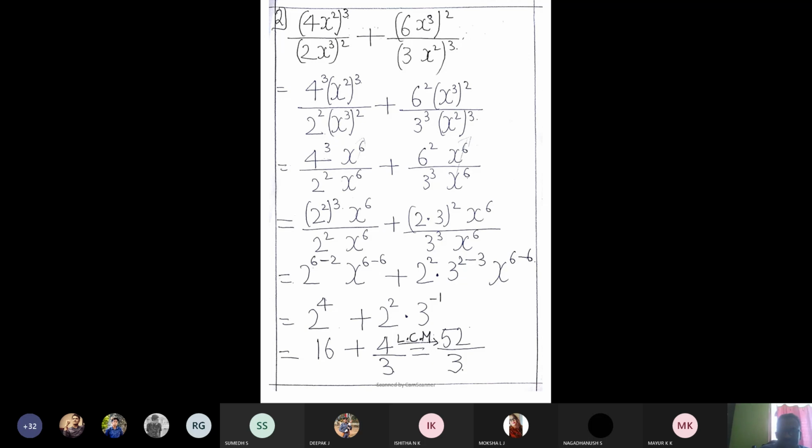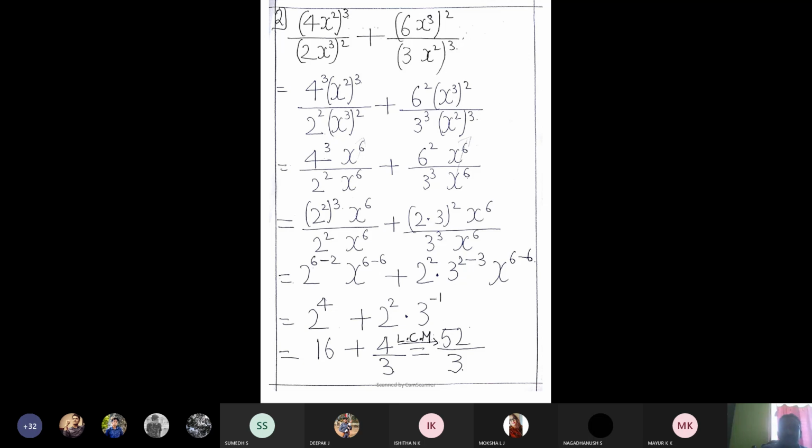If I do the simplification, this becomes 4 to the power of 3 and x to the power of 6. (a^m)^n is a^(mn), so x to the power of 2 into 3, and here also x to the power of 2 into 3. Here 4^3 divided by 2^2 x^6, and here x^6.